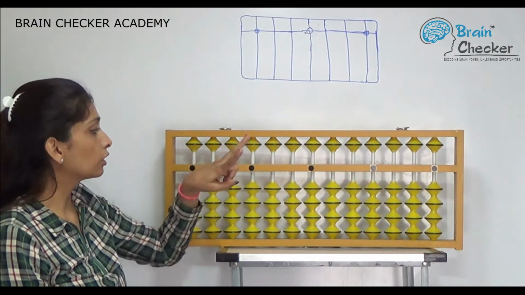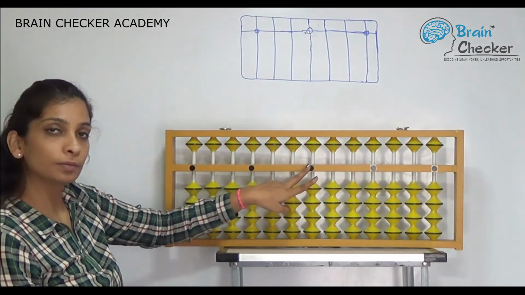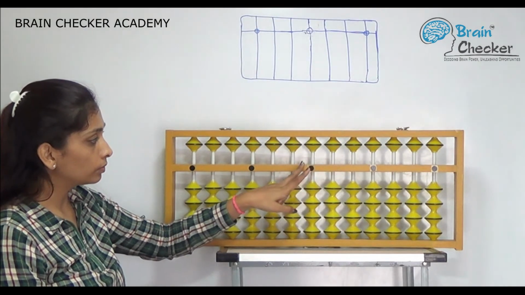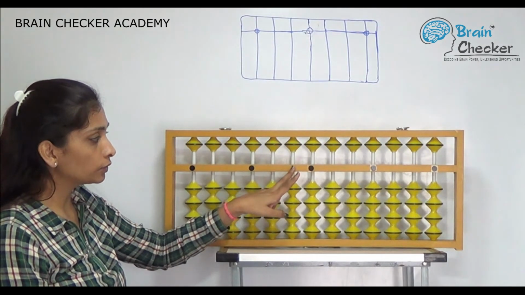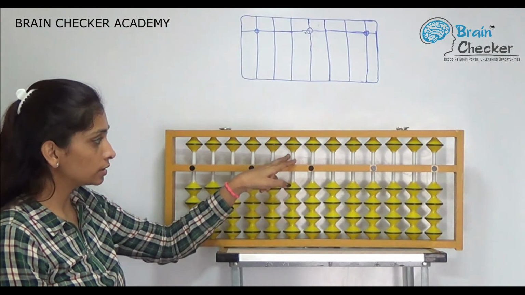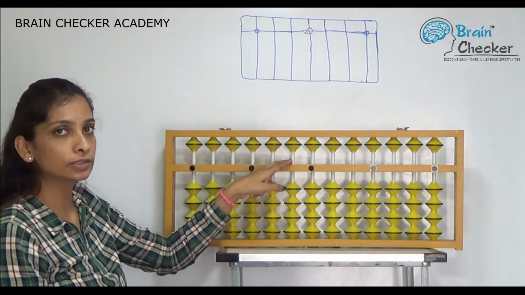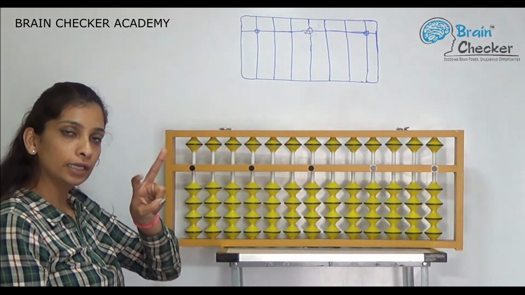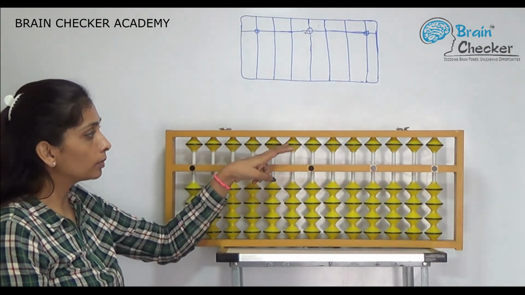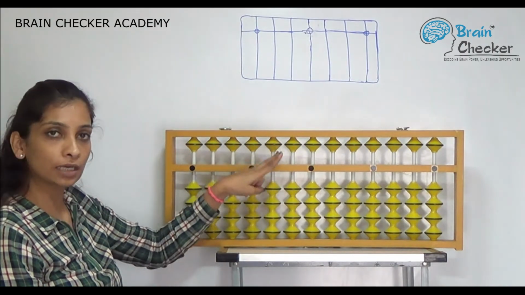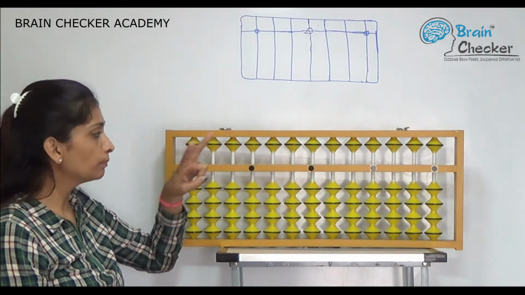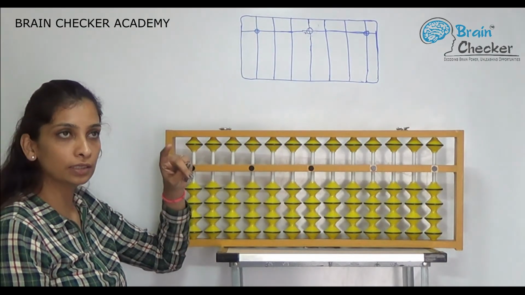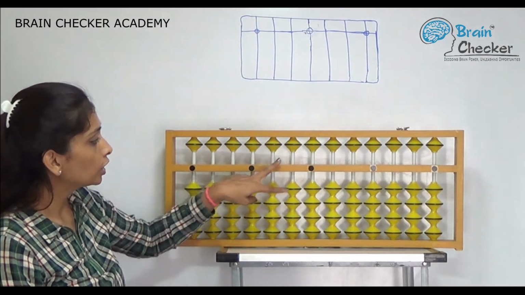You remember that in the last session I told you that the rod on the left hand side of the unit rod is known as the tens rod. To take lower bits up, we will use the index finger, and for the upper bit, we will use the middle finger.